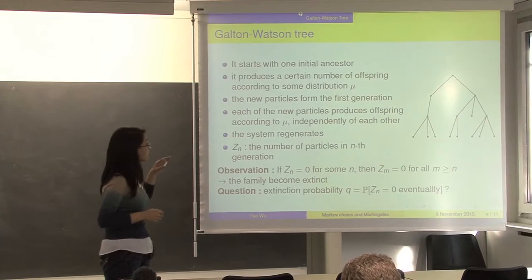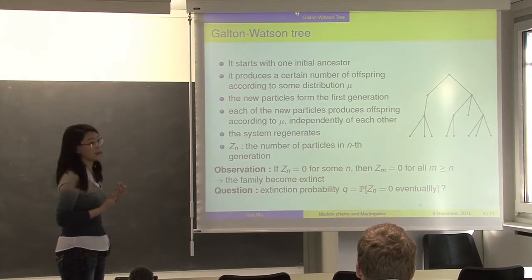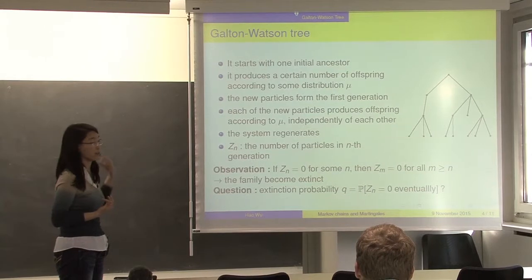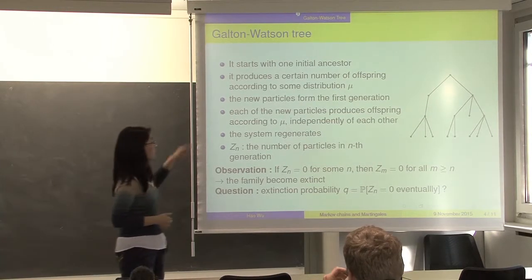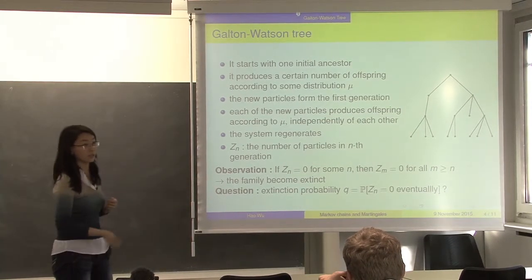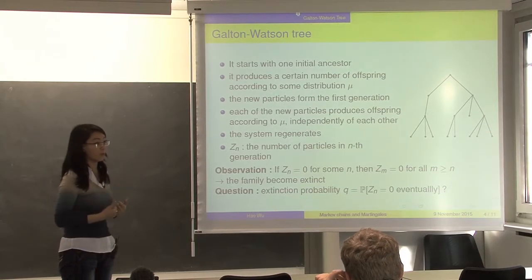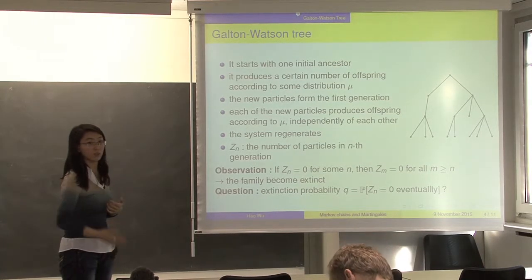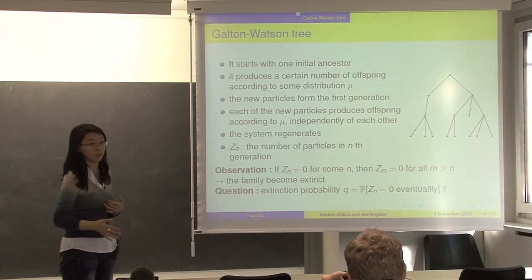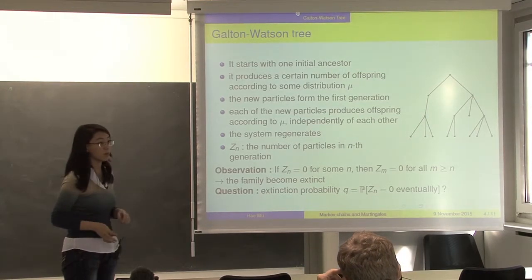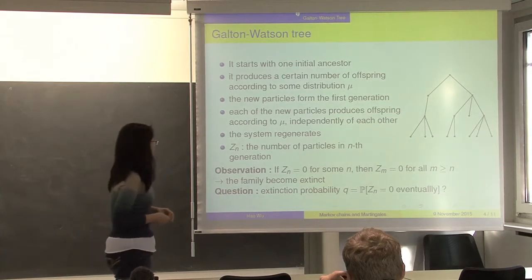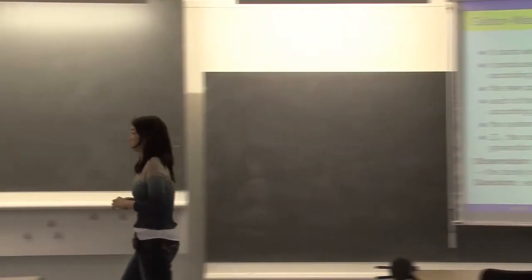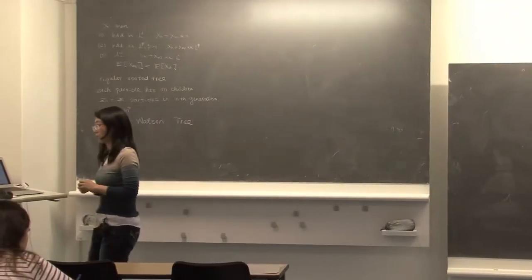And for the particles in the first generation, each new particle will have a random number of children, also sampled according to this measure mu, and they are independent from one particle to another particle. And then the system just regenerates by the same rule. Once a new particle is born, for the next generation it gives a random number of children according to mu, and all these random numbers are IID with respect to each other. And then we denote Zn as the number of children in the nth generation.